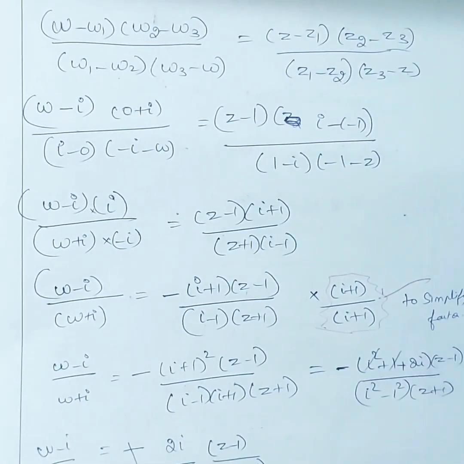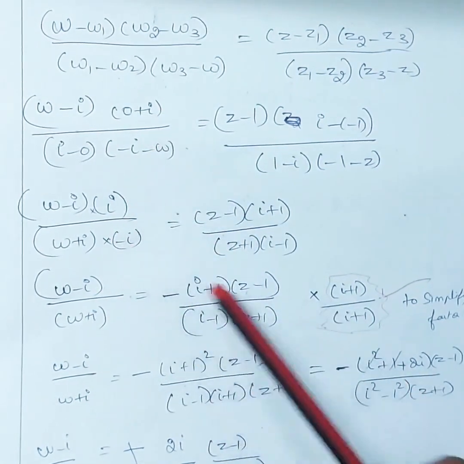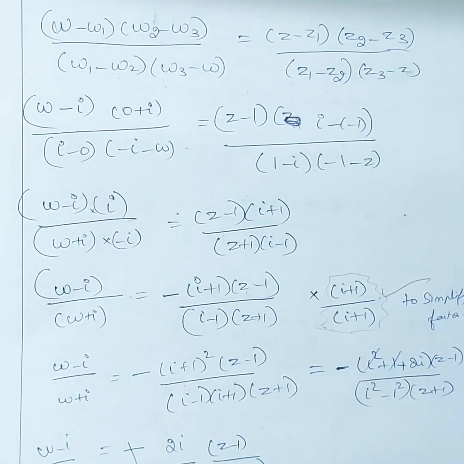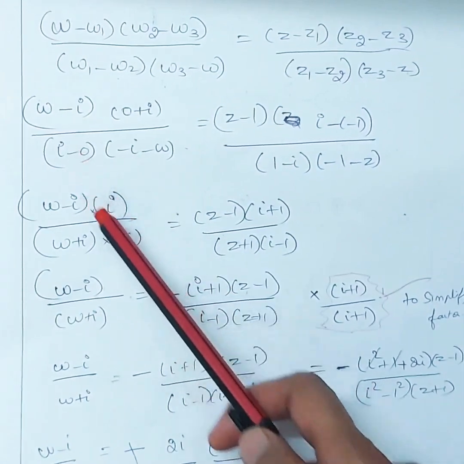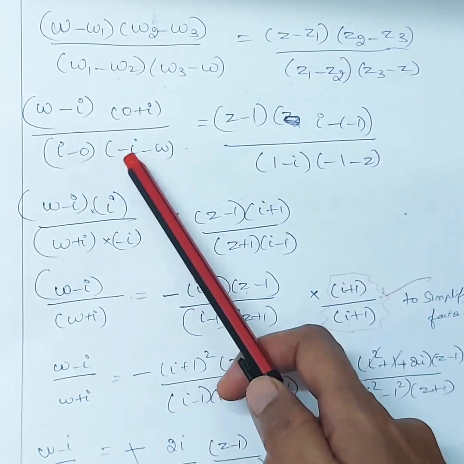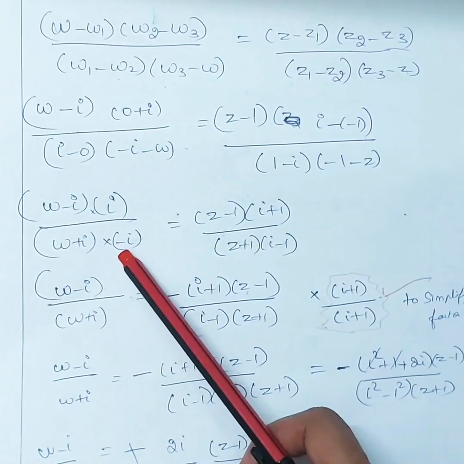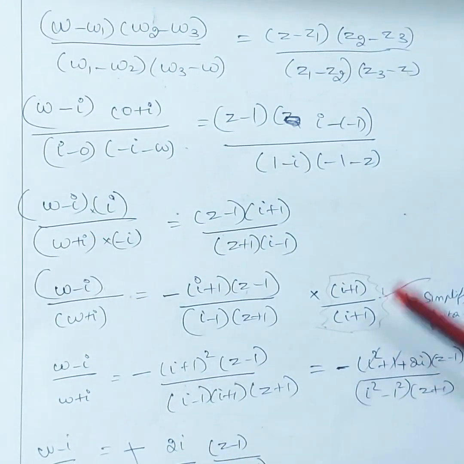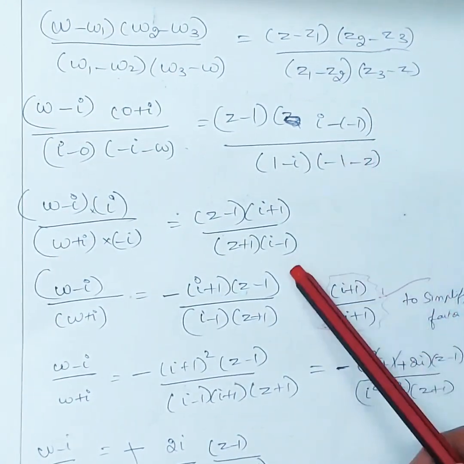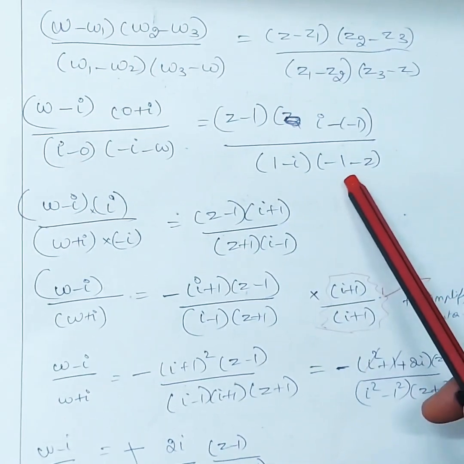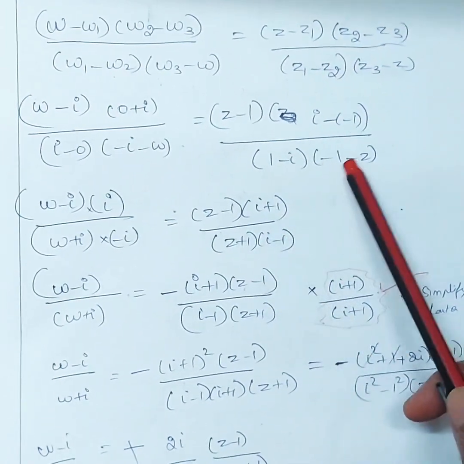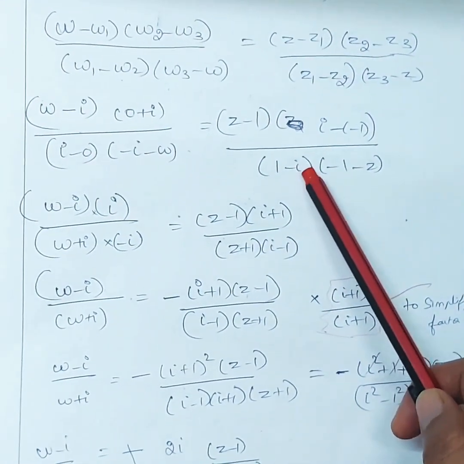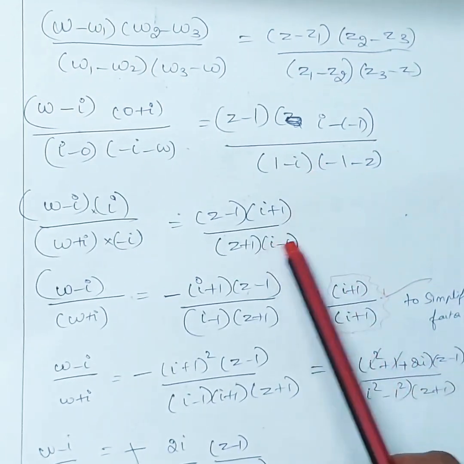After simplification, 0 plus i is i, and then in the denominator you have i. From minus i minus W, I have taken minus common, so it will become W plus i. On the right-hand side, minus 1 minus Z, if you take minus common, it will become Z plus 1. That minus I am multiplying here, so 1 minus i will become i minus 1.